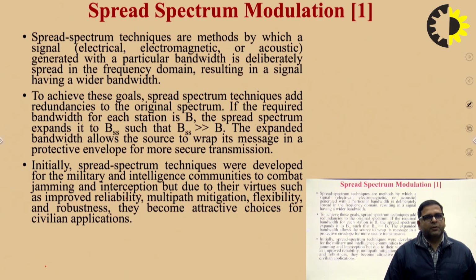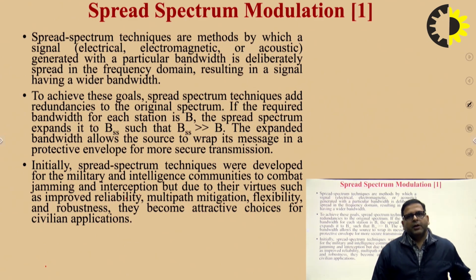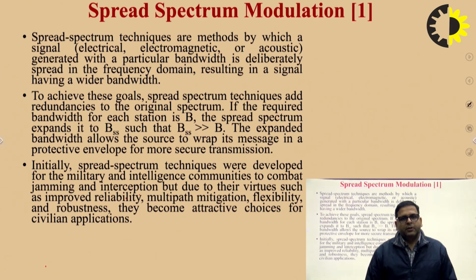Its purpose was to provide secure transmission in a military environment, and its invention was aimed at military applications. But due to its advantageous features, this modulation scheme is also used in commercial applications.